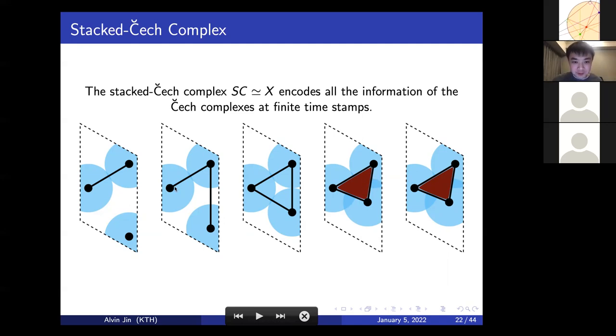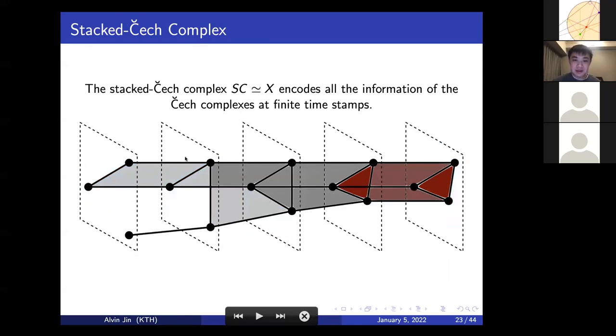So we're going to study this Čech complex at a bunch of time steps. That's a pretty good approximation of our space. In particular, it gives us all the important information we need to know to dodge all these guards or all these cops.